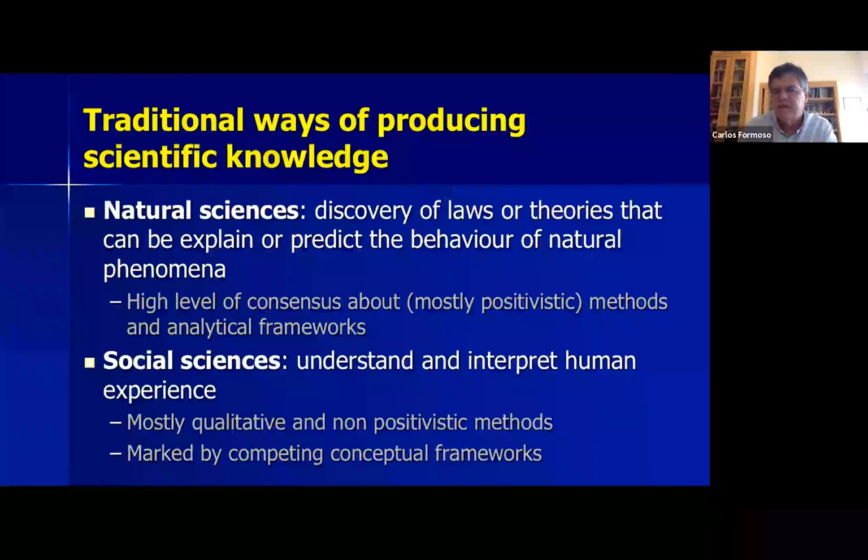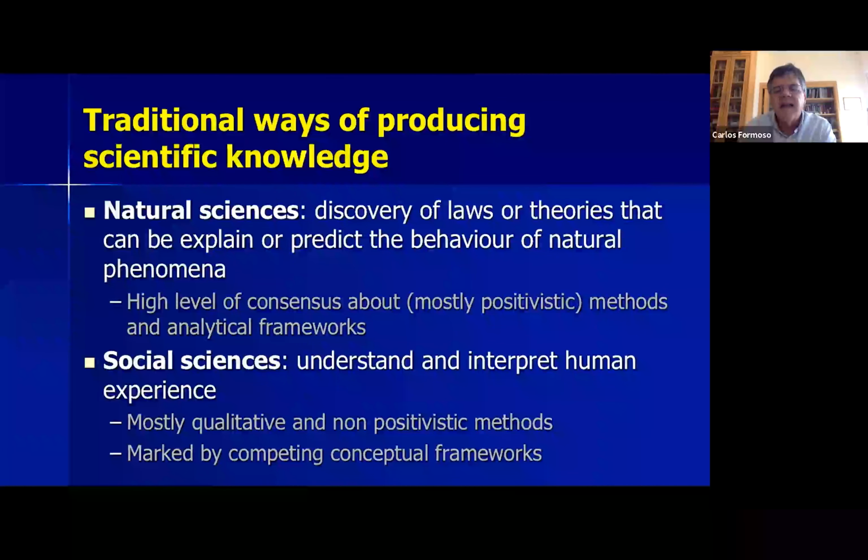There are many differences in terms of research methods between natural sciences and social sciences. For instance, in natural sciences, research methods are mostly positivistic. The researchers place themselves as external observers.